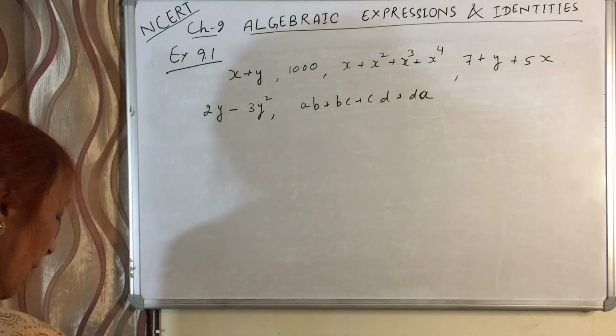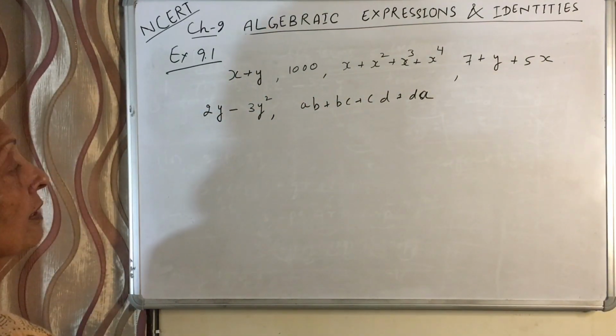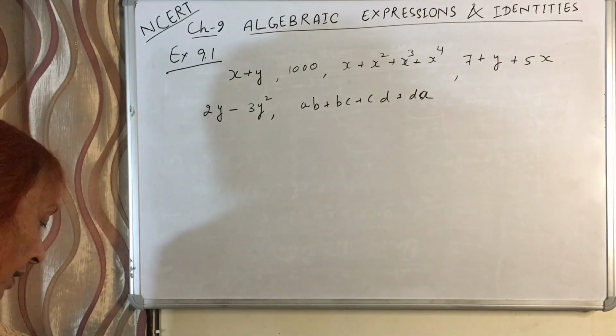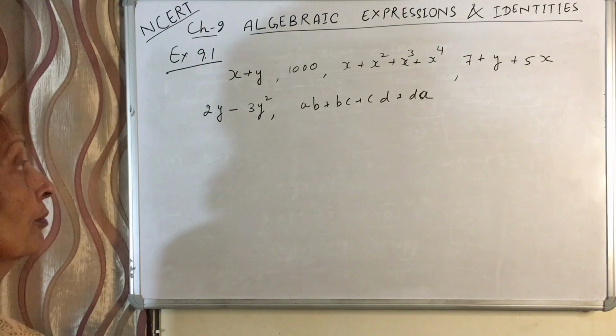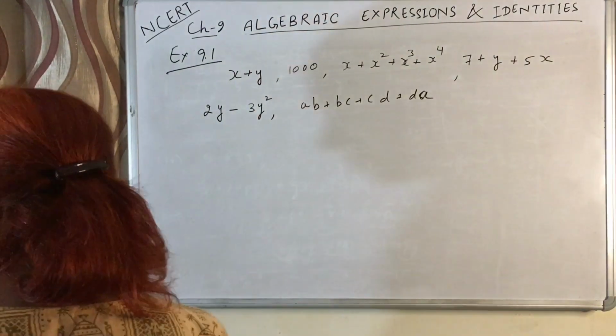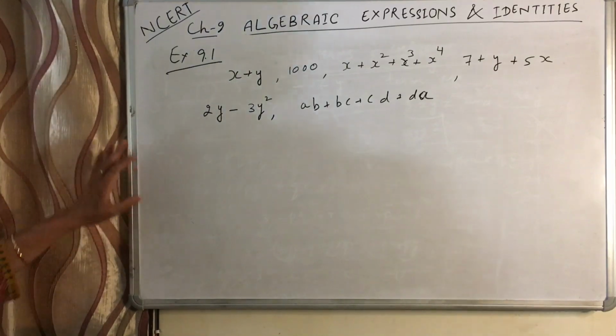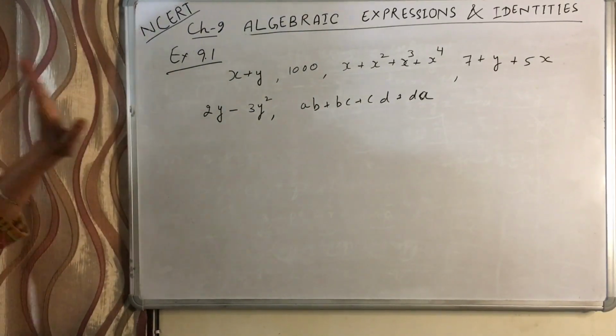Question is, classify the following polynomials as monomial, binomial, trinomial, and which polynomials do not fit in these categories. Means do not fit in either as monomial, it is neither a binomial, neither a trinomial.